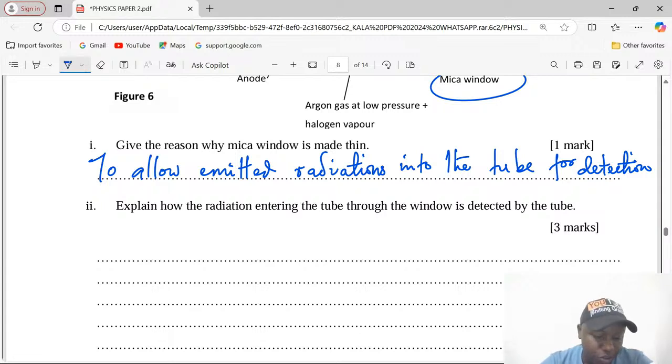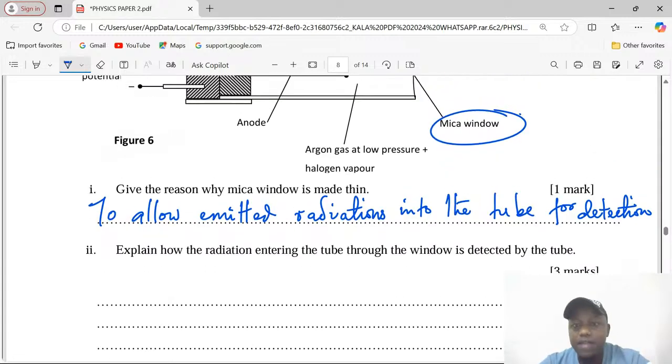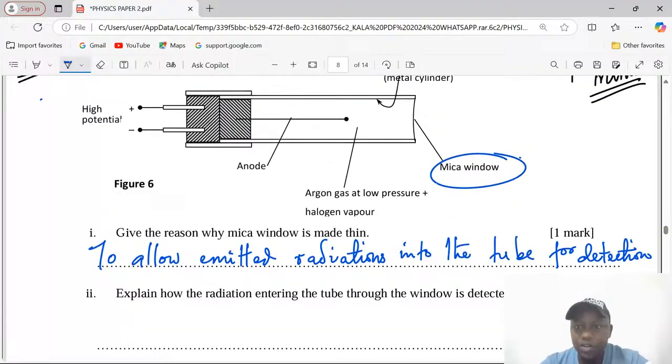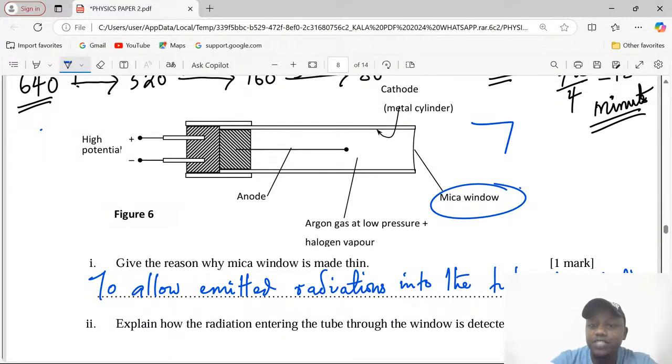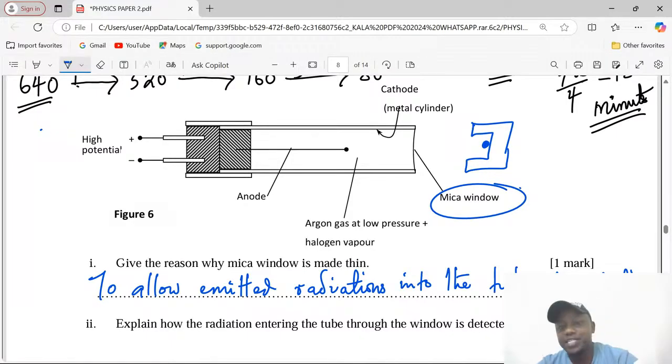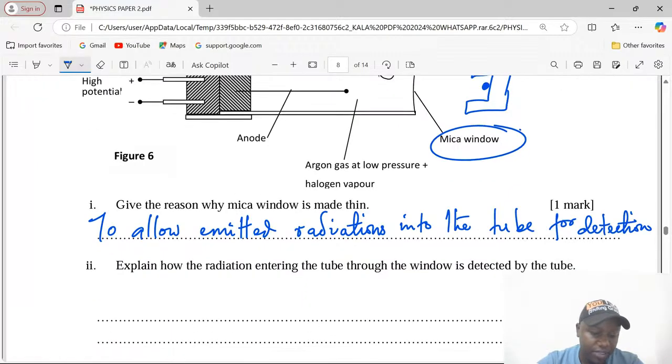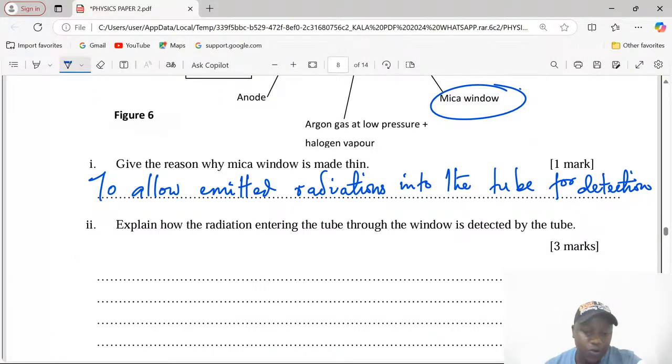One thing you're supposed to know is that the emitted radiations, we place the radioactive substance somewhere here so that it emits radiations and they are detected by the GM tube. These particles being emitted have what we call penetration power. Not all penetration powers are equal.